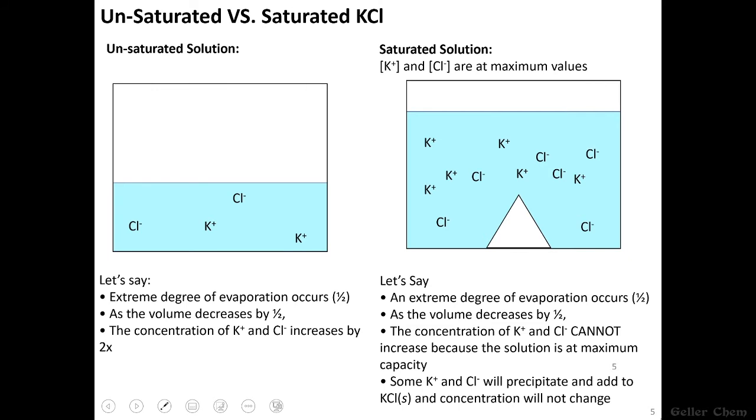If we had that same extreme degree of evaporation, causing the volume to decrease by 1/2, well, in principle, you'd think the concentration would increase like over here, but the problem is these concentrations are at maximum values, so they can't get any higher. So the only option for these ions is to precipitate out and form more KCl solid. And so here's what I'm describing.